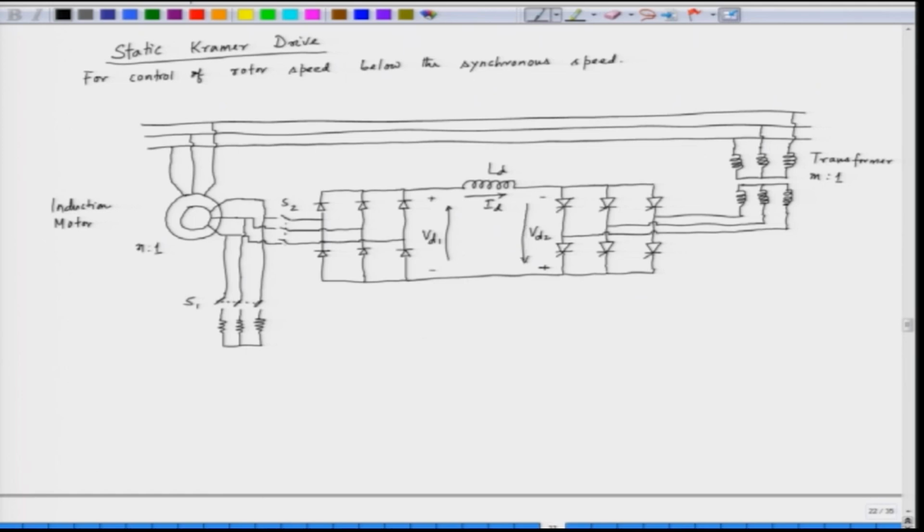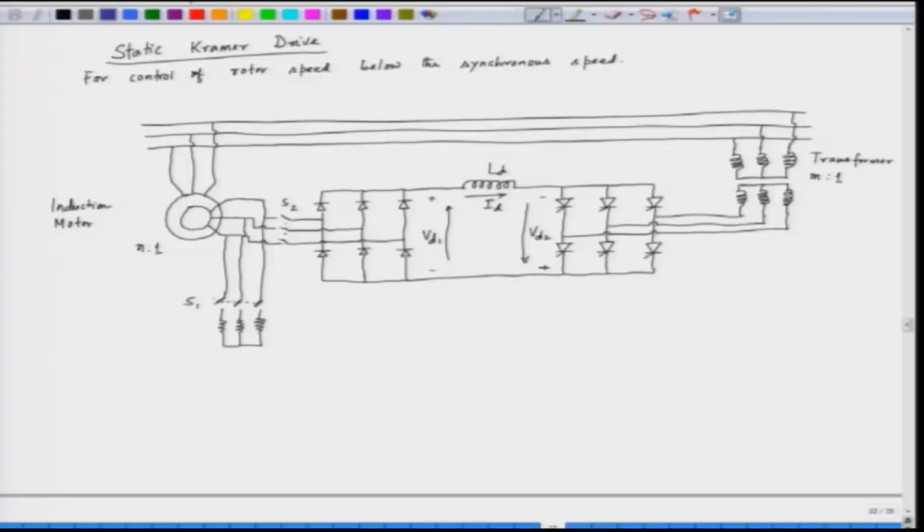Now, when the induction motor is normally running without any speed control, we close switch S1 and turn off switch S2. So, this switch is closed and this switch is open.